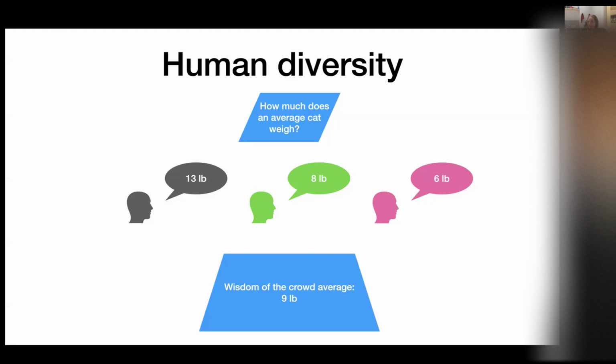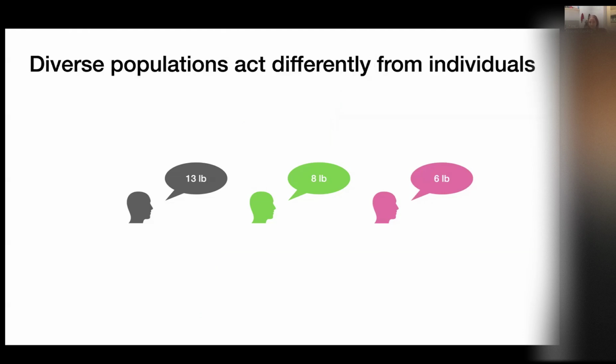So if we wanted to get to 9 pounds, we would need all three of these people, as just a simple example, right? But something that's now clear once you look at the wisdom of the crowds and what votes come out of it is that these populations of diverse individuals act very differently from any one individual in that population, right?